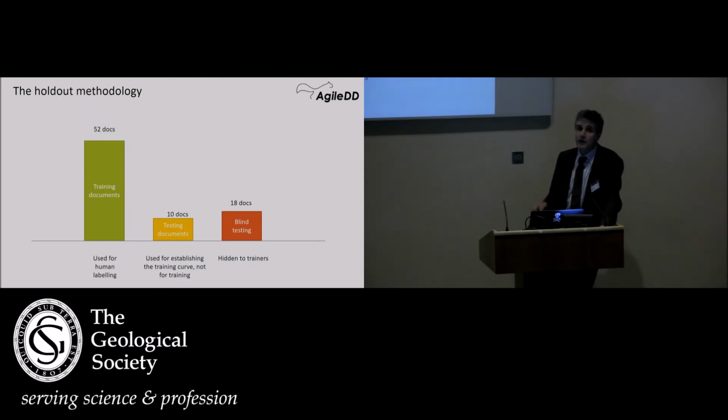The main one on which you will do the training, a small one, in this case only 10 documents, on which you will test your model several times, always using the same data, to create a learning curve. And at the end, the customer wanted to do a final test by himself using a set of documents for blind testing.